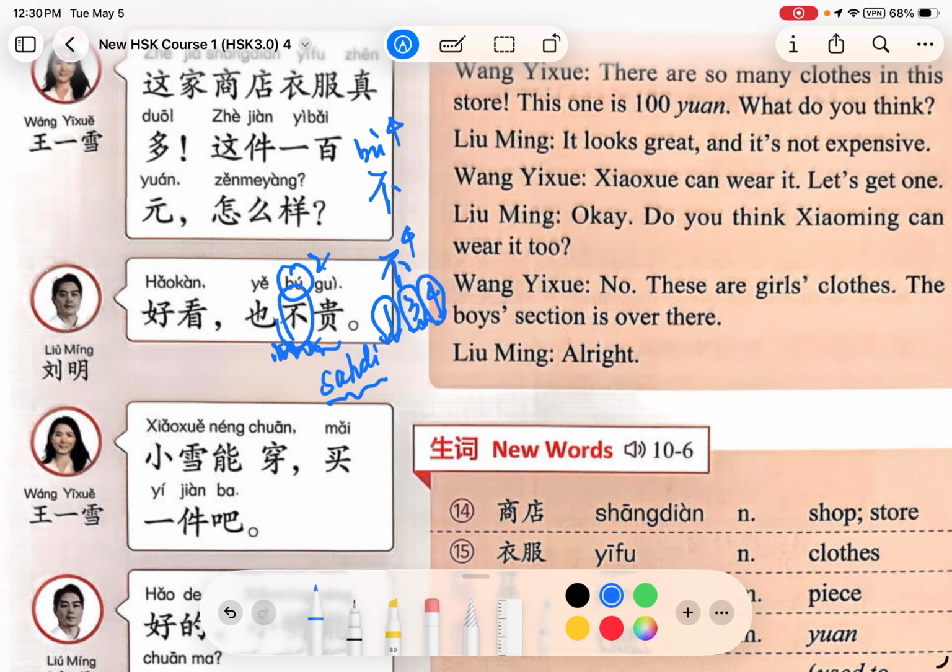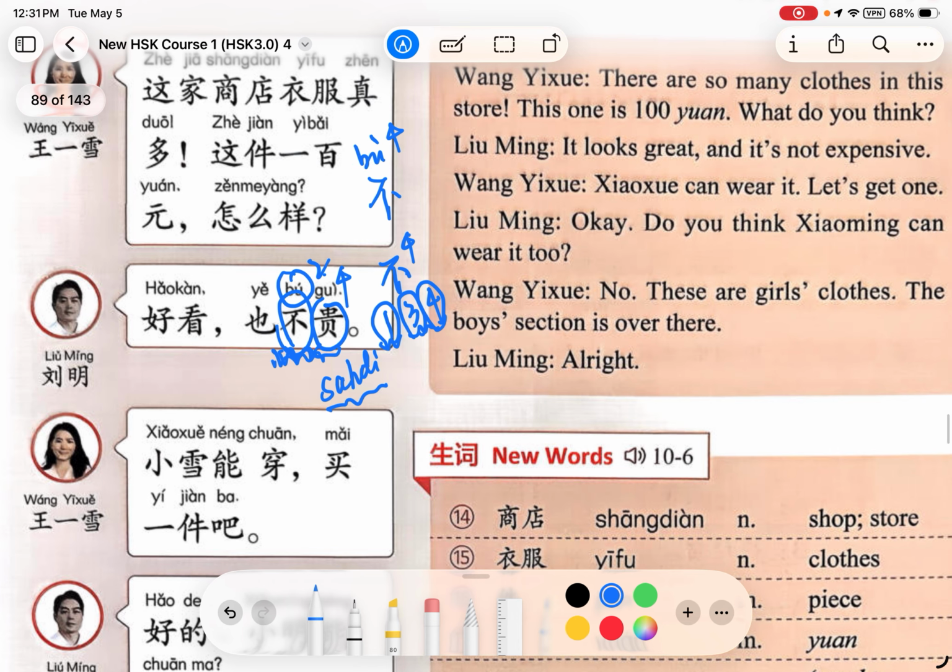So 贵 is fourth tone, so we change 不 from first tone to second tone. So it becomes 不贵. It's not bù guì, it's bú guì. Like this.